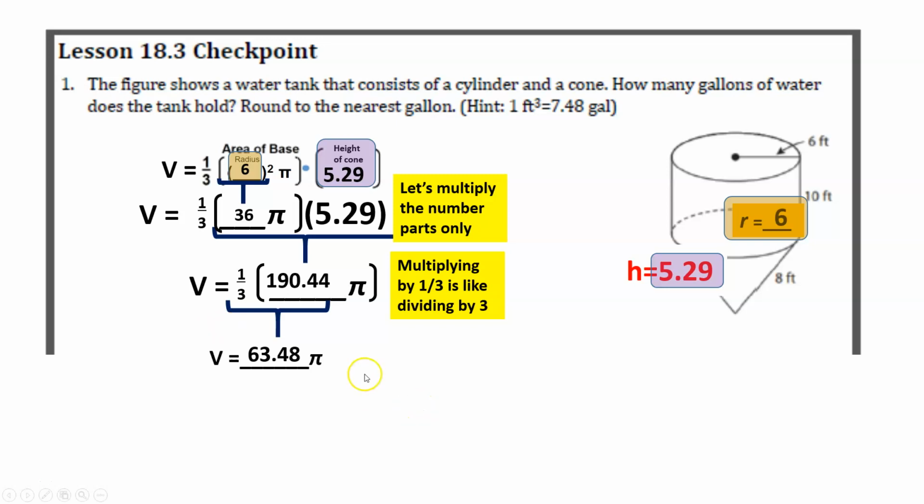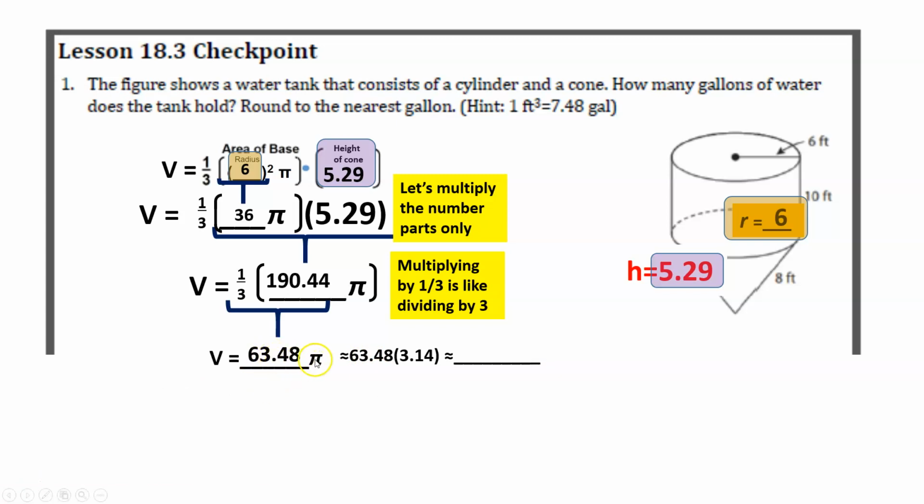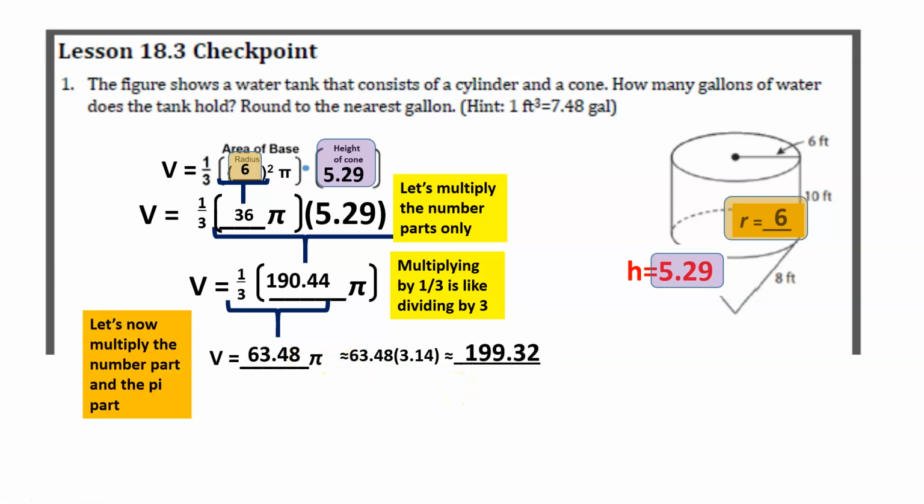All right. Let's go ahead and change that so that it is an actual number. 63.48, I'm sorry, let's go ahead and fix that as well. So let's go ahead and multiply 63.48 times 3.14, because that's the approximation for pi. And hopefully you did that, and you got 199.32.